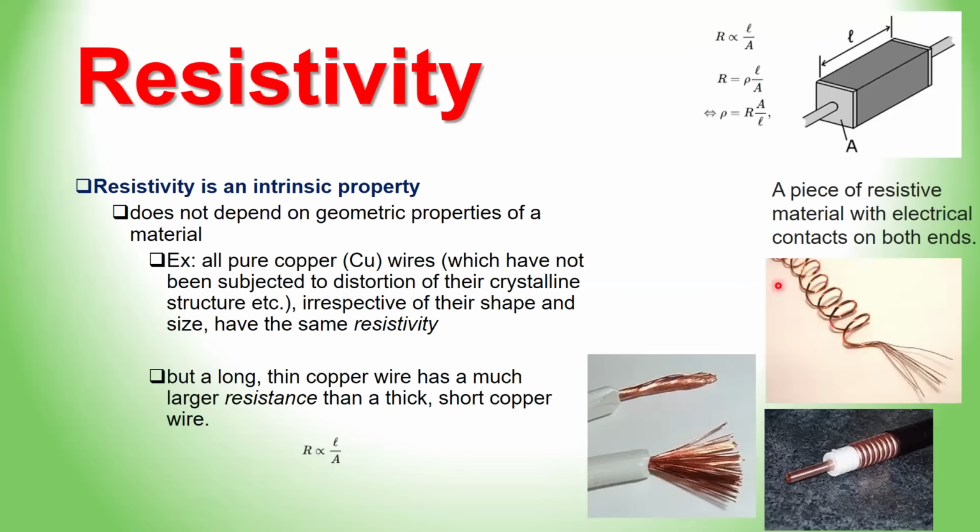So for a longer copper wire, you have a larger resistance. However, if you have a thicker copper wire, for example, it's quite thick as compared to this one, it means for a thicker one, the cross-section area A is big because A is W into T, what we saw before. So if the T increases, resistance is smaller.